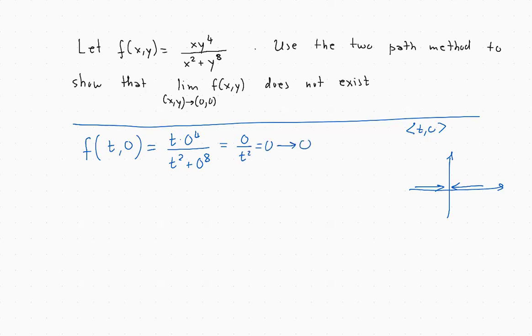Now we need another path, and you have seen examples like this before. You want to somehow match the exponents so that you get a nice cancellation. So what you need to do is take this path that has t to the 4th on the first component, t on the second component. It's a rational curve.